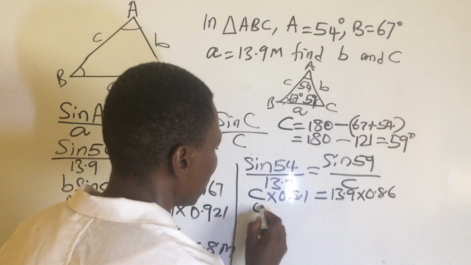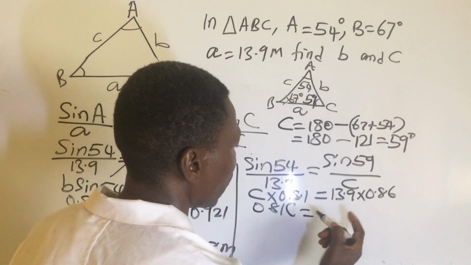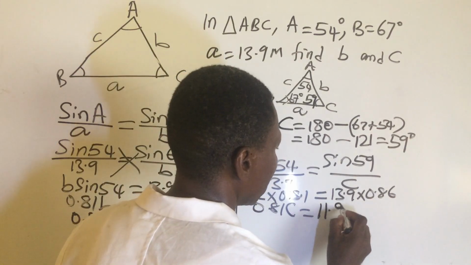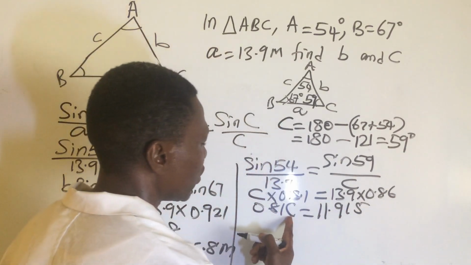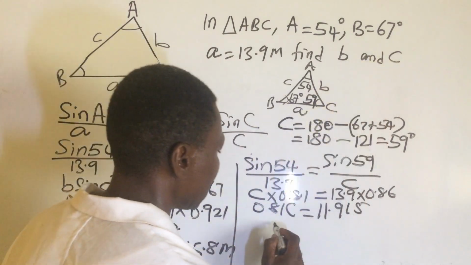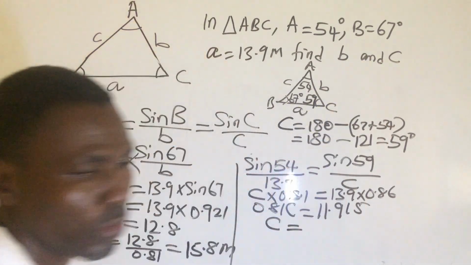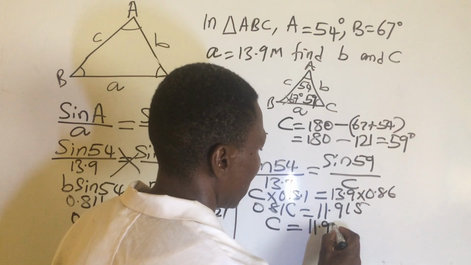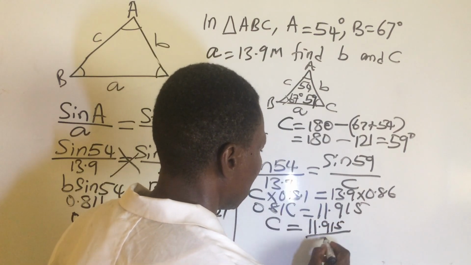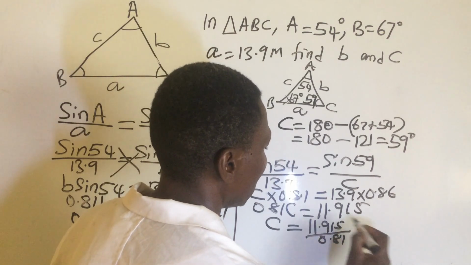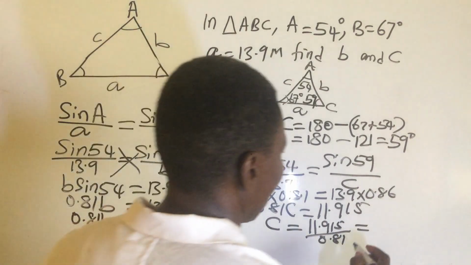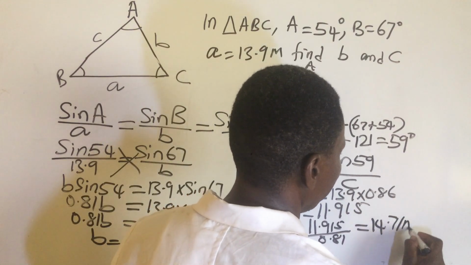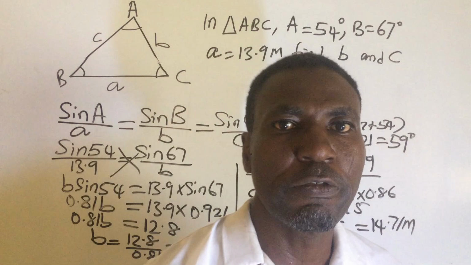Now we have 0.81c equals 13.9 times 0.86, which gives us 11.915. Make c the subject of the formula for you to find the side c. We have c equals 11.915 over 0.81. And when we divide, the final answer is 14.71 meters. So this is how to solve it, right?